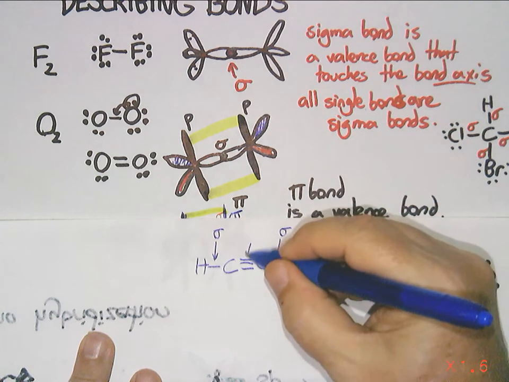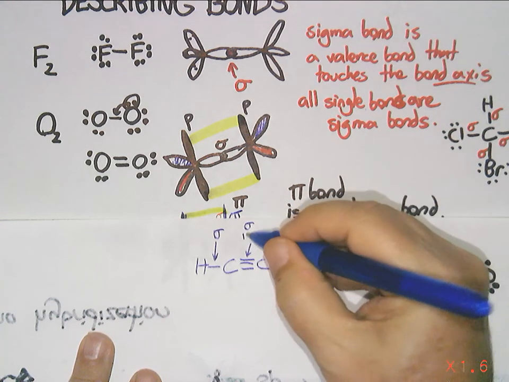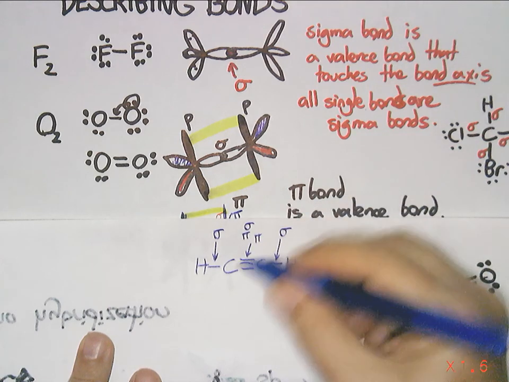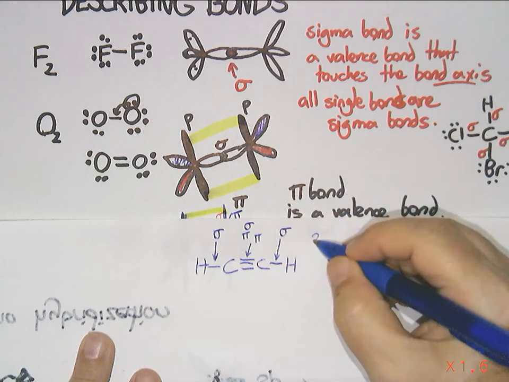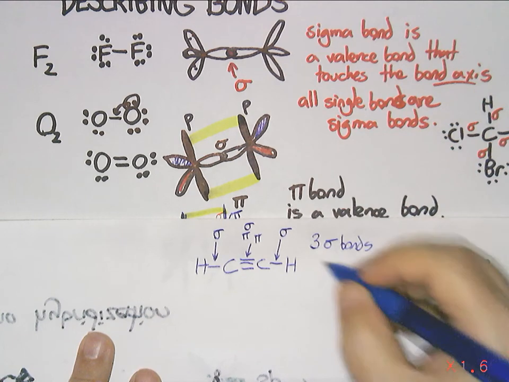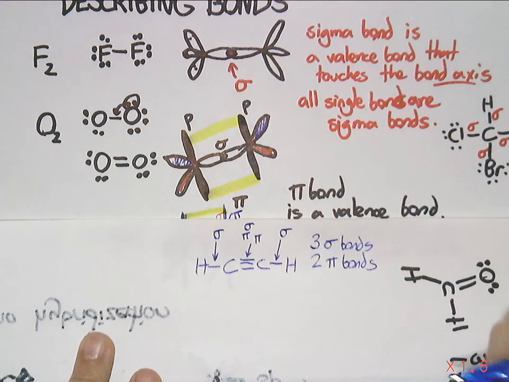And now, if it's a triple bond, the first bond is a sigma bond, and then the next 2 are pi bonds. So in this molecule, there are 3 sigma bonds and 2 pi bonds.